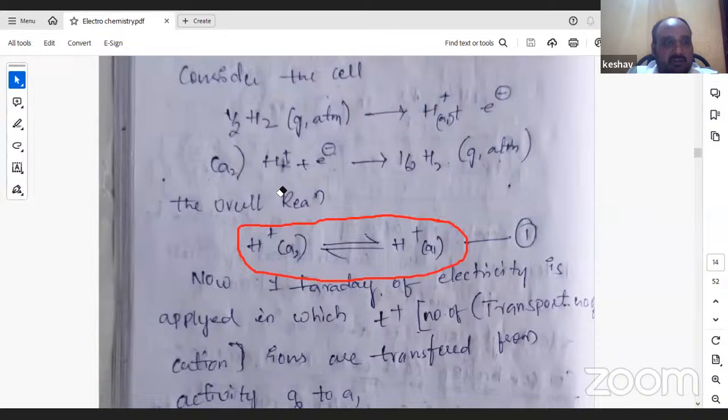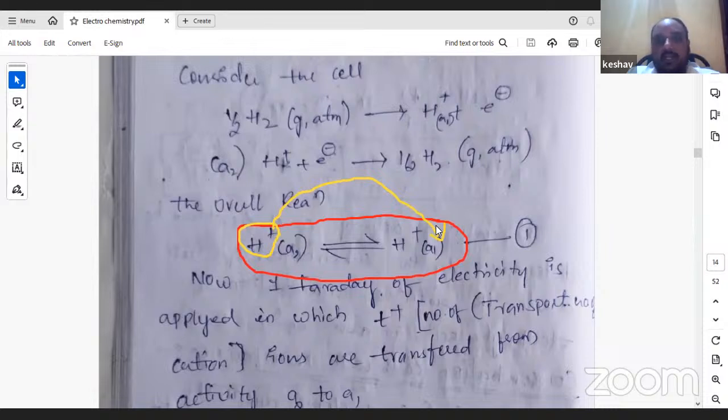Understand? So this is what the equilibrium represents. These H+ ions are transferred from activity A2 to activity A1. Understand? There is a direct transfer of ions from A2 to A1.